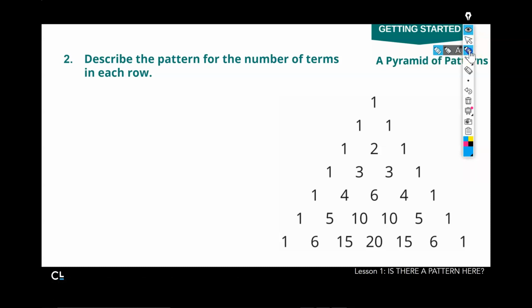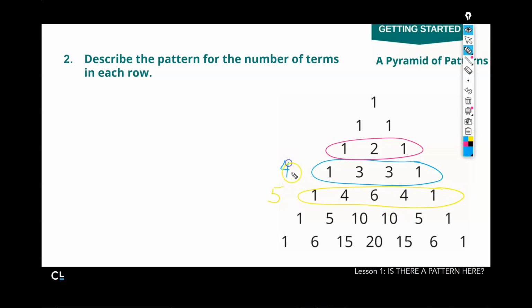So if we look at this row, for example, this row has more terms than the previous row. It has 1 additional term. If we keep going, this row has 5 terms.